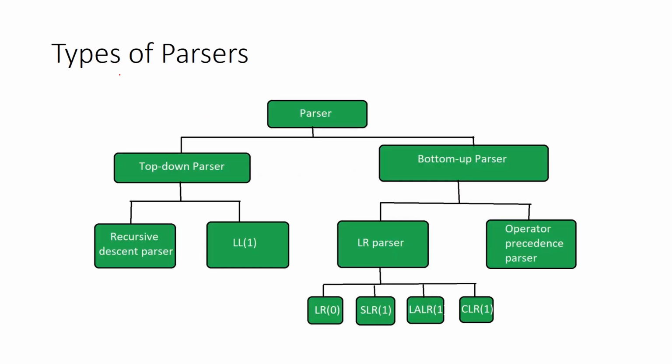Dear learners, in this class we are going to discuss LR0 parsing. When we see the types of parsers, they can be classified into two types, top-down parser and bottom-up parser. The top-down parser can be further classified into recursive descent parser and LL1 parser.